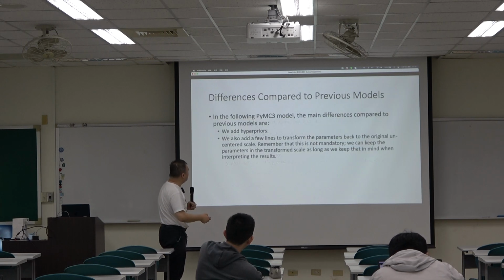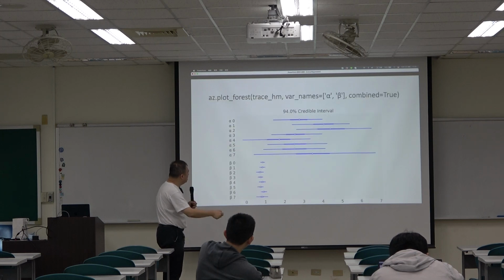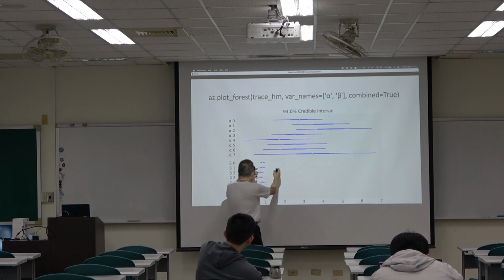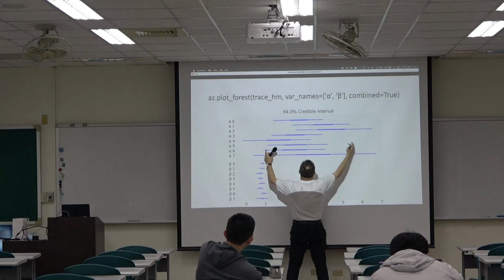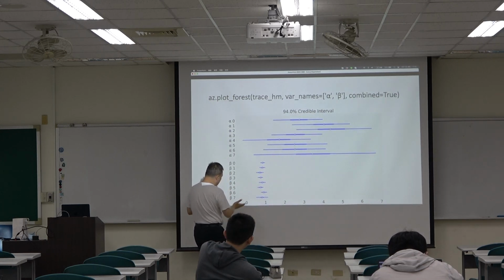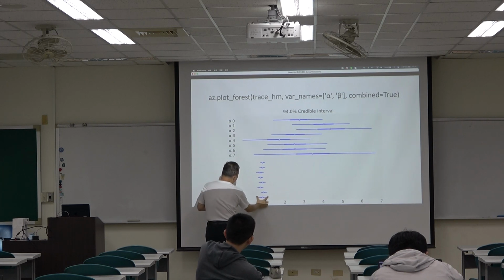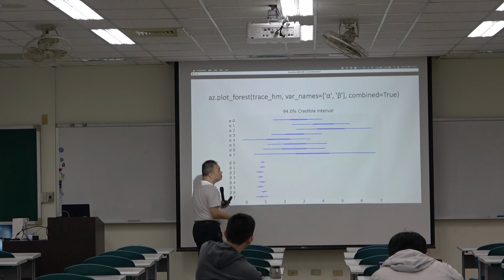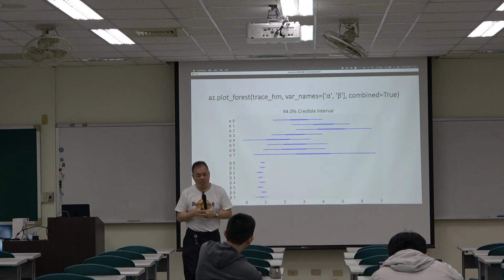That's why you can see that the resulting range for the last group is still the widest. And in terms of the slope, again, this one is much wider, which is reasonable.